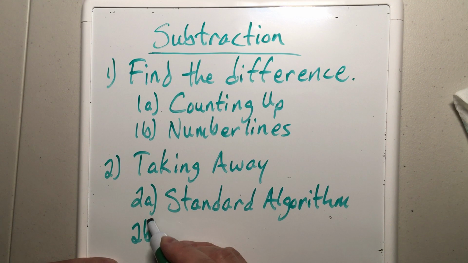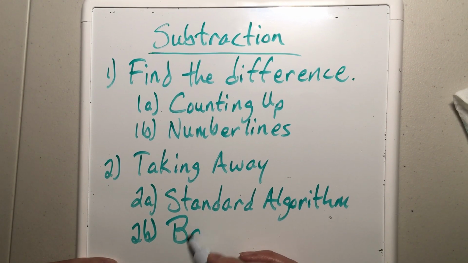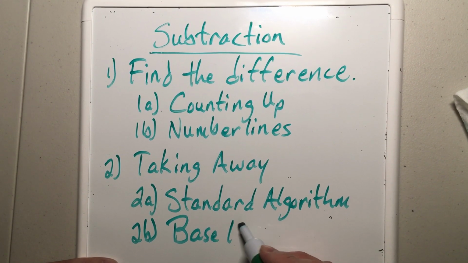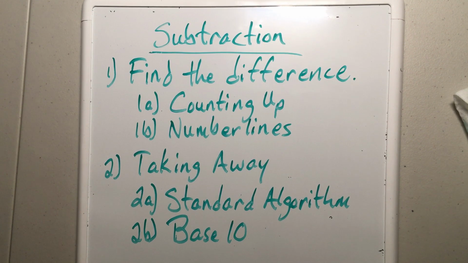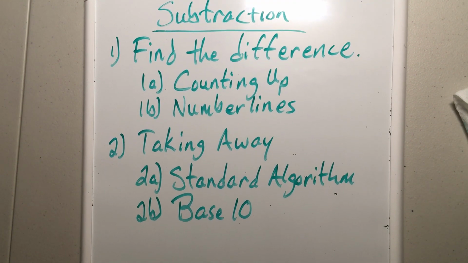And base 10. Of course, kids have to learn how to borrow with the standard algorithm, and the base 10 is an excellent way to show a visual representation. Great for your number sense as well.